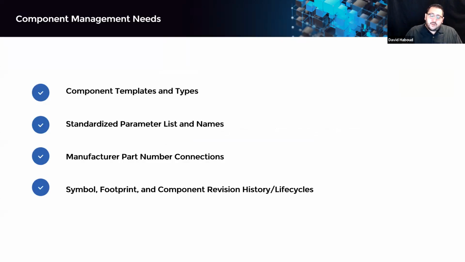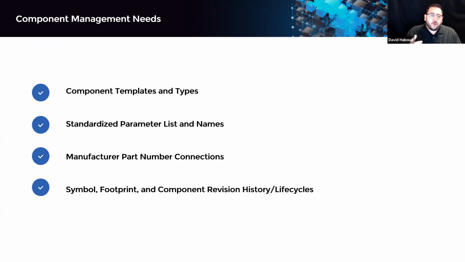So some of the things we identified for Concord was the incorporation of component templates and types. Adding component templates and types allows you to get that standardized list of parameters and a naming convention for them. You can define that to your needs however you need, but it allows every component of a similar type to have the same basic information.